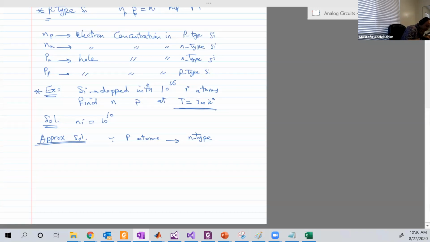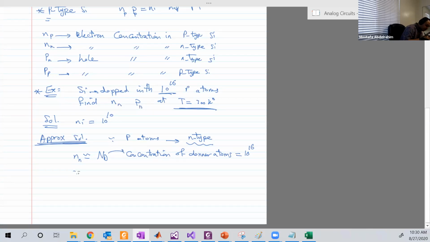In the approximate solution, we can say that N is approximately equal to Nd. What's Nd? The concentration of donor atoms, which is phosphorus. And in that case, it's 10 to the power 16. And since this is in an N type, we'll call this Nn.